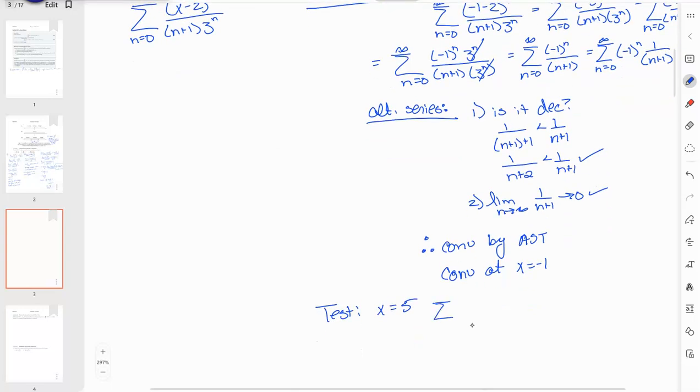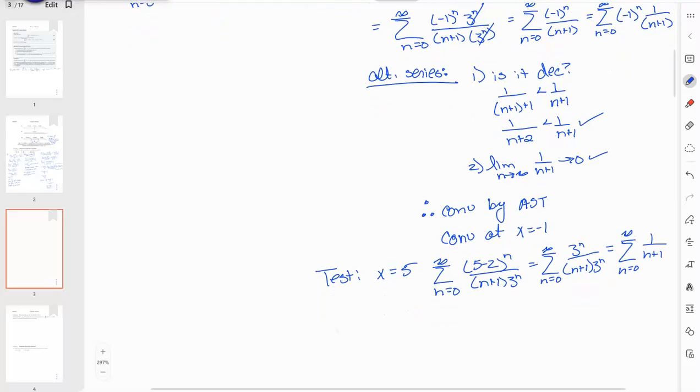So we're going to have the sum from n equals 0 to infinity of (5 minus 2) to the n over (n plus 1) times 3 to the n. 5 minus 2 is 3, so I have 3 to the n in the numerator over (n plus 1) times 3 to the n in the denominator. So I have 1 over n plus 1. I want to know what's happening with that.